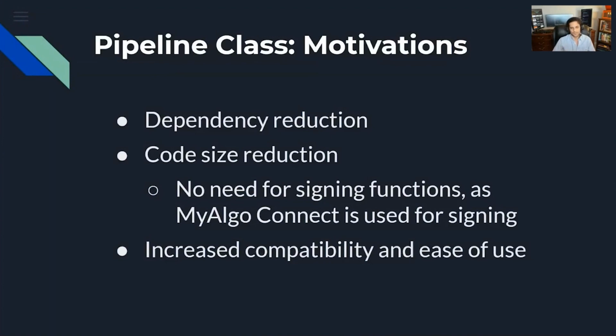A big part, though, of what we did is we're using MyAlgo Connect as the primary signing method for transactions. And by doing that, we don't need all the built-in signing transaction capability of the standard Algorand SDK. So we can use our SDK for the specific blockchain calls that we need, and we use MyAlgo Connect to sign the transactions and everything.